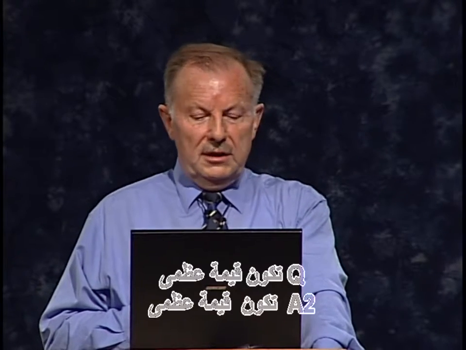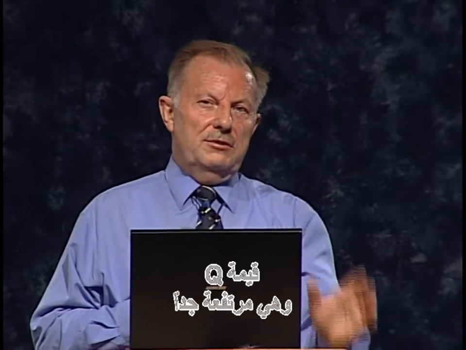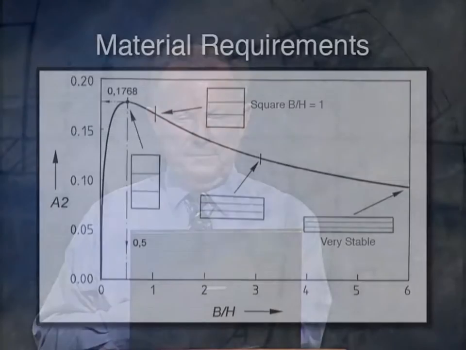Q will be a maximum when A2 is a maximum, and consequently M a minimum. That's what we want to find, a value Q which is very high. If we have a very high value of Q, then we will have a minimum of material.